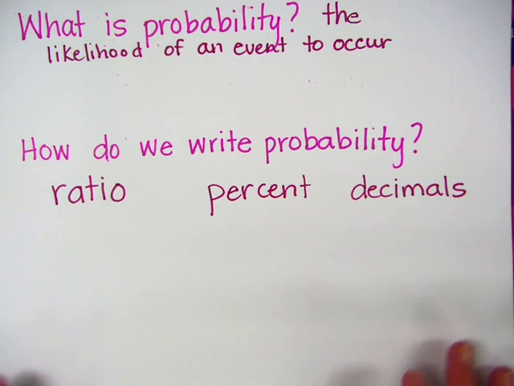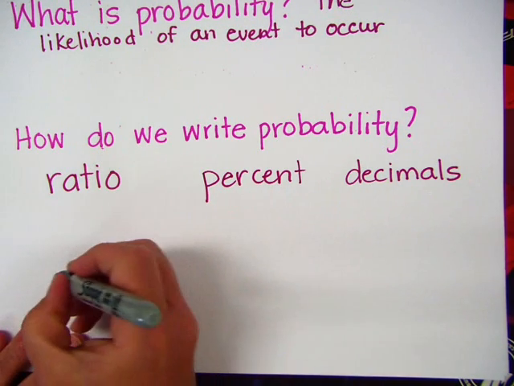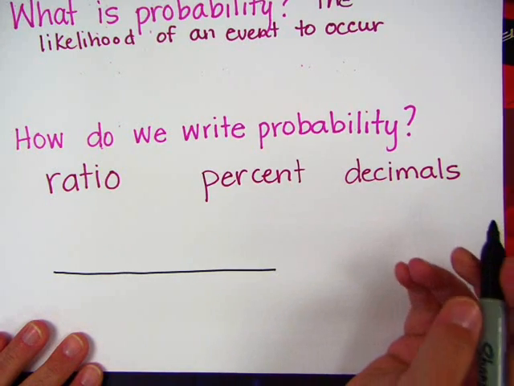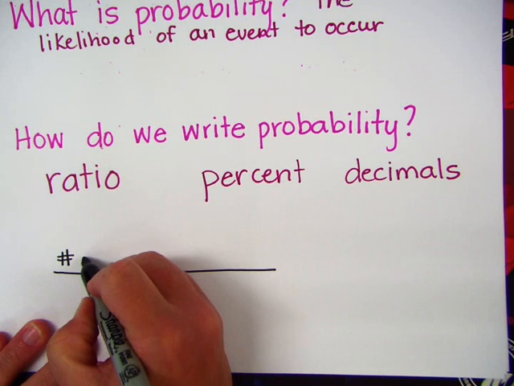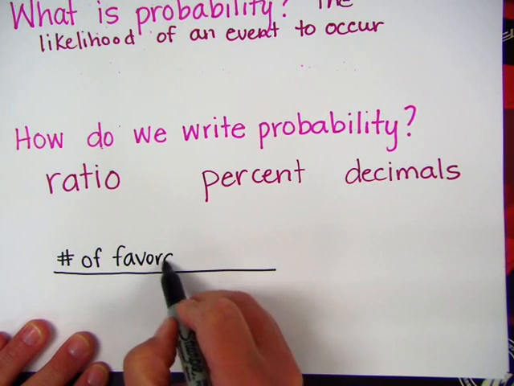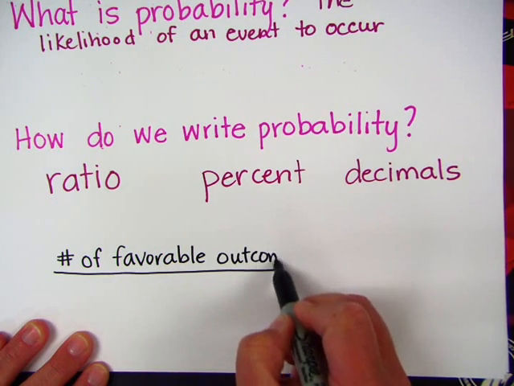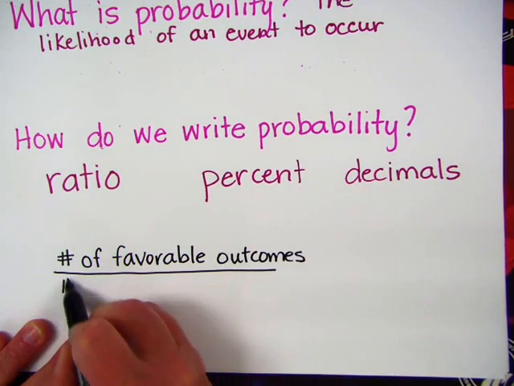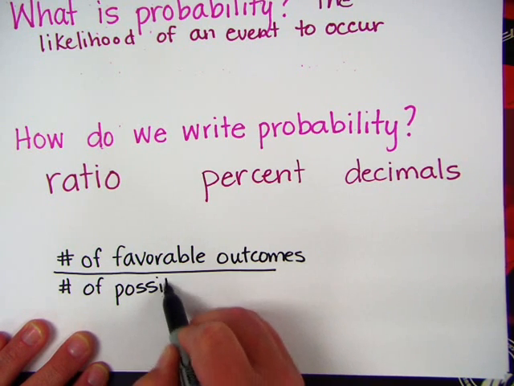Well, they're most commonly written as ratios, and when you're looking at probabilities, your ratio will look like, of course, a fraction. The top part of your ratio, or the numerator, is the number of favorable outcomes, and the denominator of your ratio is the number of possible outcomes.